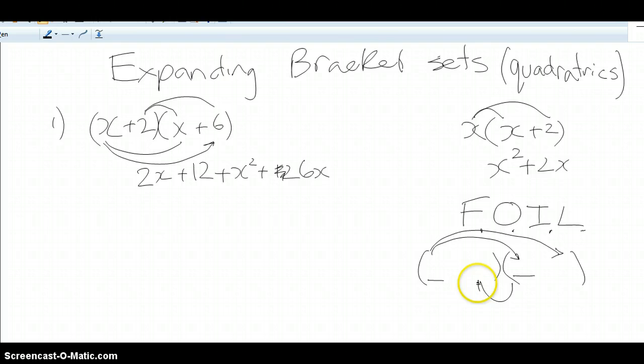And last means multiply the last two terms together. Simple. So notice that in both methods you end up multiplying each of the terms by each other in both brackets.